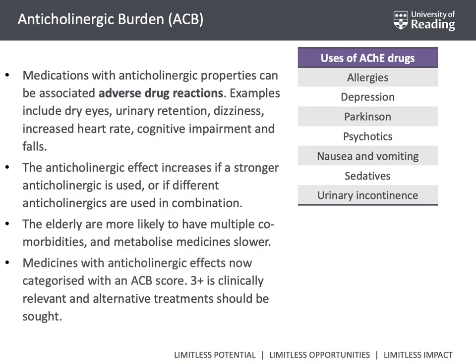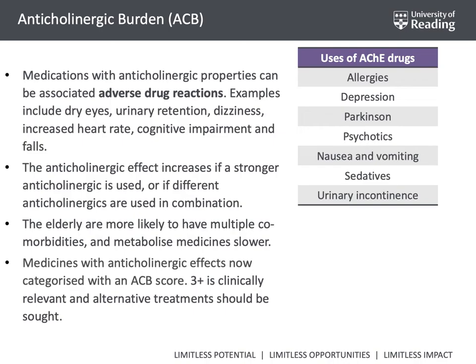Because in essence, because of the age indication, elderly people are likely to suffer from other disorders, whether that be cardiovascular or whether that be neuropsychiatric disorders, and also they have problems actually then starting to metabolize drugs themselves.